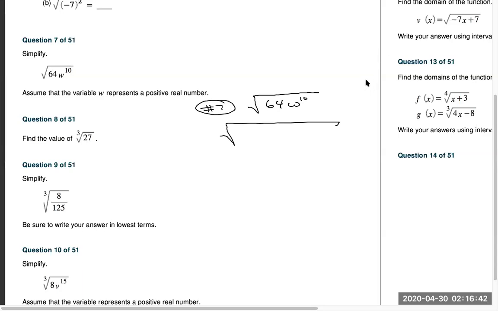Remember, 64 is 8 times 8, or 8 squared. And then w to the 10th, that's 10 w's: 1, 2, 3, 4, 5, 6, 7, 8, 9, 10. Let me extend this radical sign. That's really important.